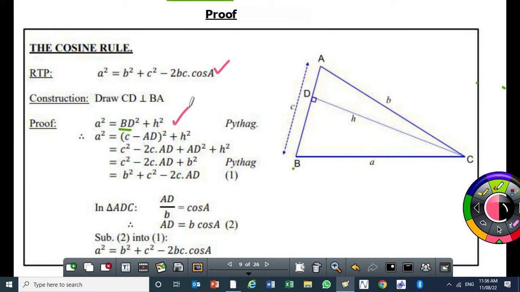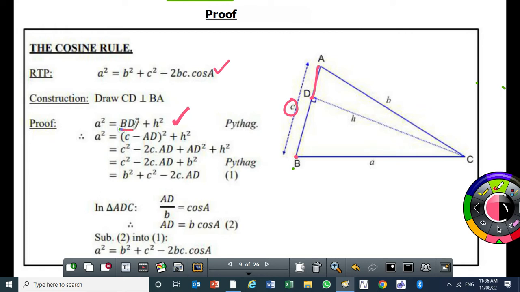Now your BD obviously is from here to there. But you can also write BD in terms of this small letter c. So your BD is going to be c minus AD. Now, the fact that we end up talking about AD means later on we need to consider triangle ACD. So, theorem of Pythagoras for the big triangle BCD.